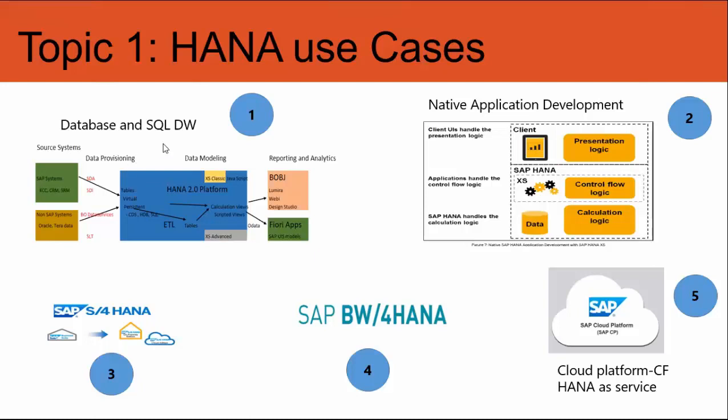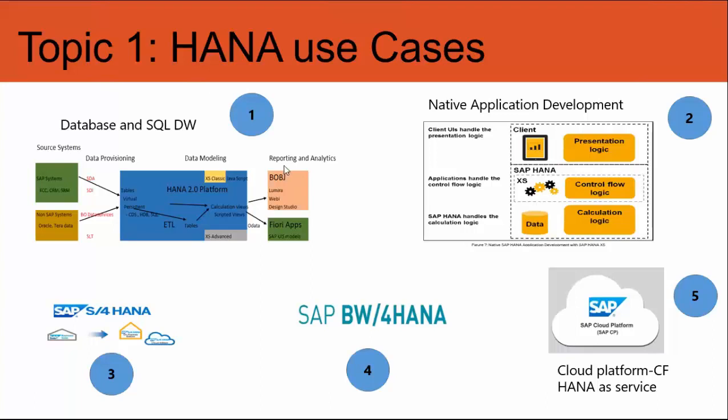So the native SQL data warehouse or database as HANA is a very important use case, and many customers are trying to get into this scenario to get big data and several machine learning services, which are really difficult to do with traditional data warehousing using BW on HANA or BW for HANA, whatever you want to call it.